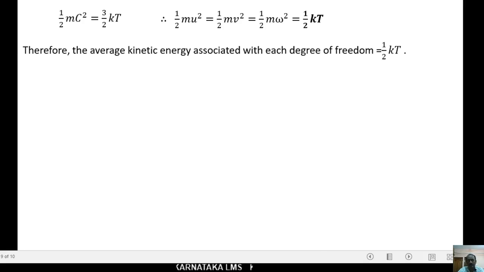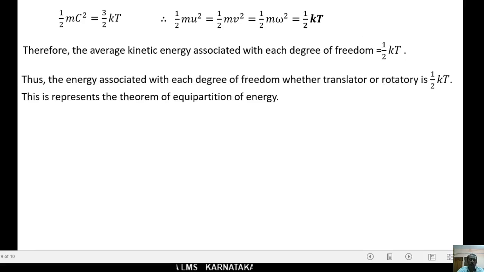Therefore, the average kinetic energy associated with each degree of freedom will be 1/2 kT.